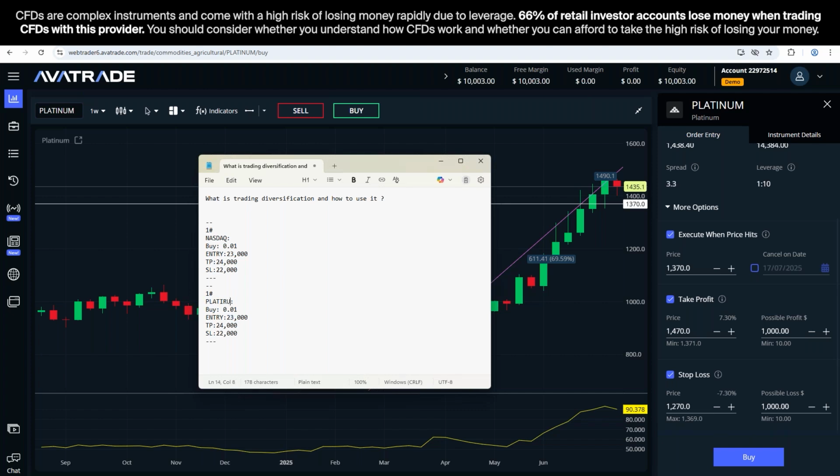We'll also write here platinum, and this will be our second position. So we have NASDAQ, we've got platinum here. We'll do it like this, and in the entry, as we wrote, okay.